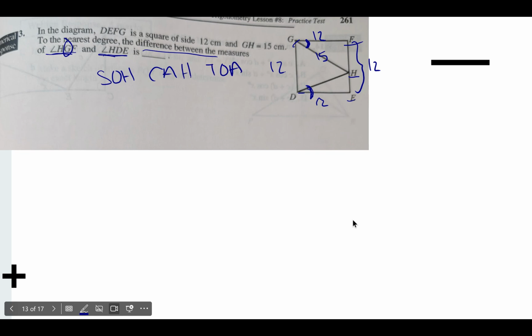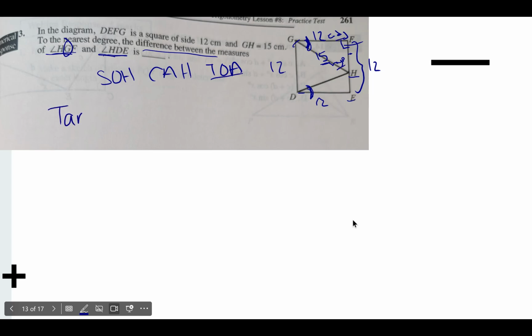if I look at angle G here first, I would have a right angle. 15 would be my hypotenuse because it's my longest side, and I'm not looking at my opposite side, I'm looking at my adjacent side. So if I want to find angle G, I set up a ratio with the 2 sides I have, which is adjacent and hypotenuse, which is tan.